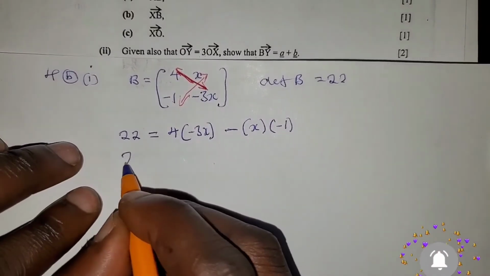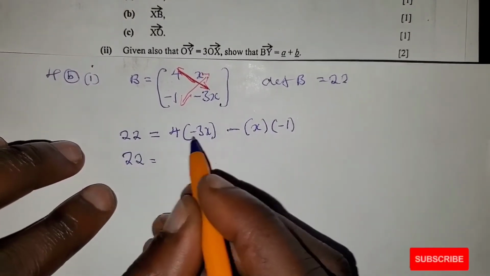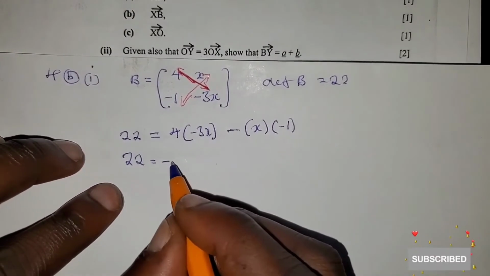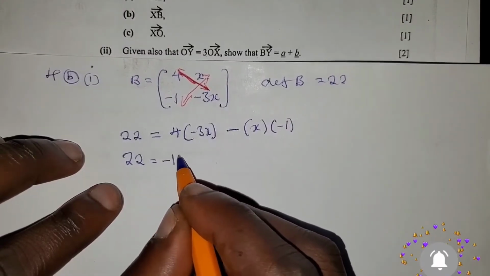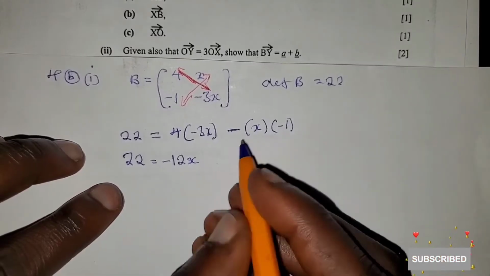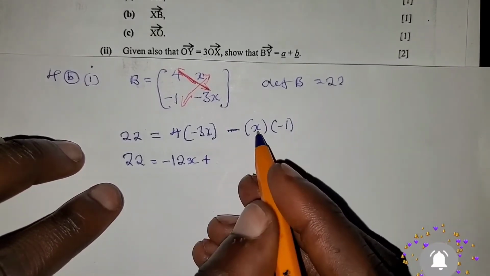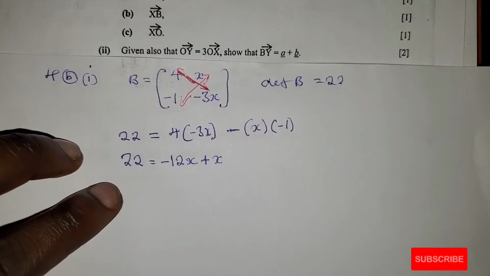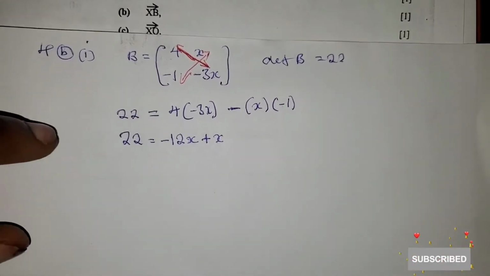Then it's going to be 22 is equal to 4 times -3x, which is -12x. Negative times negative here is going to be positive. x times 1 is just x, so it's going to be positive x.